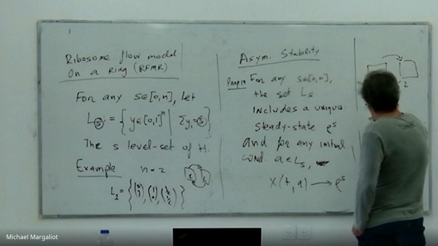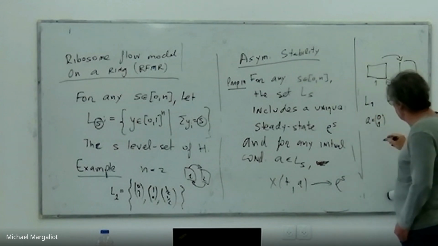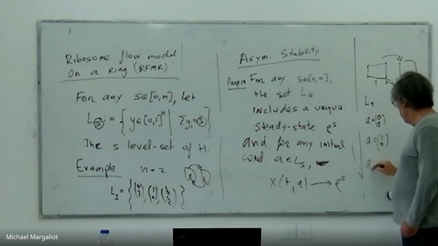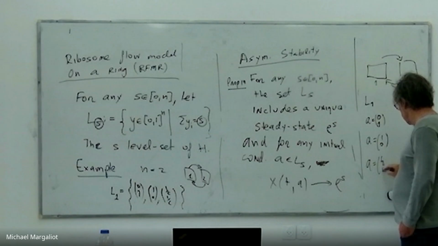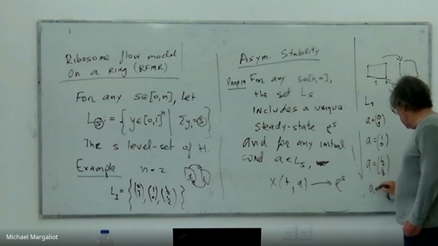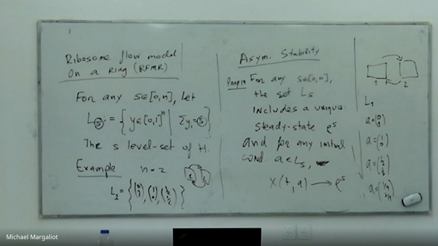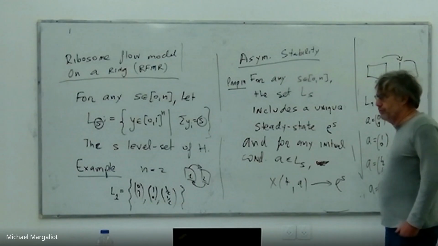This means I can take as an initial configuration this one, or this one, or this one, or this one. All these initial configurations correspond to the situation where the total initial density is 1, and from all these initial configurations, I will converge to some unique equilibrium called E1.